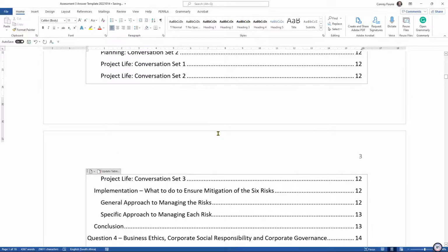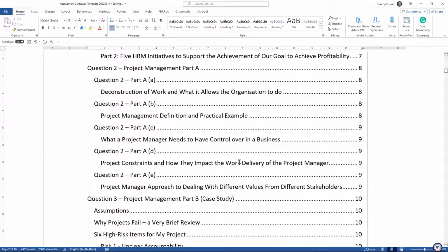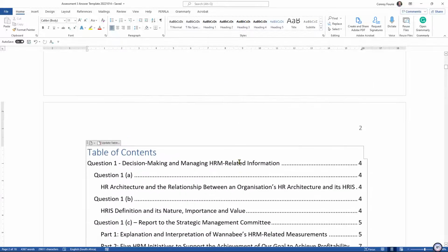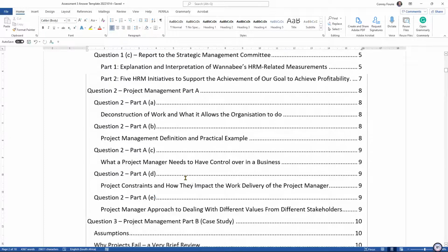Okay, so it's quite in detail, as you can see here. So I've got a lot of headings in this template to guide you, and you may want to use different wording to what I have there, but this gives you perhaps a very sort of already designed way to structure your assessment.